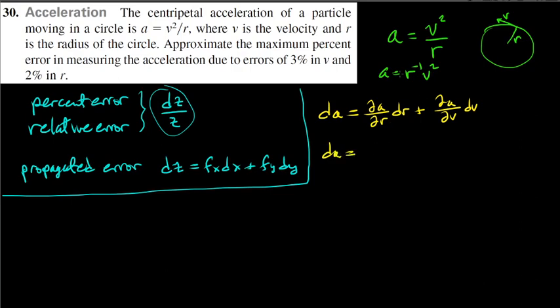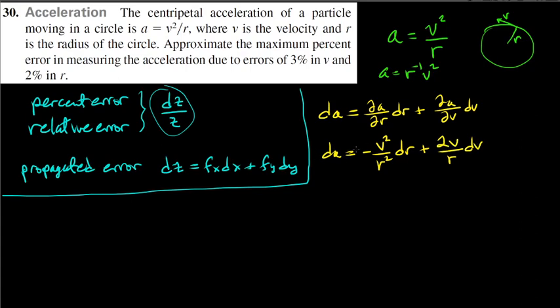In this case, the partial of A with respect to r is just negative r to the negative 2, so negative v squared over r squared times dr. And then with respect to v, you just get 2v divided by r times dv.